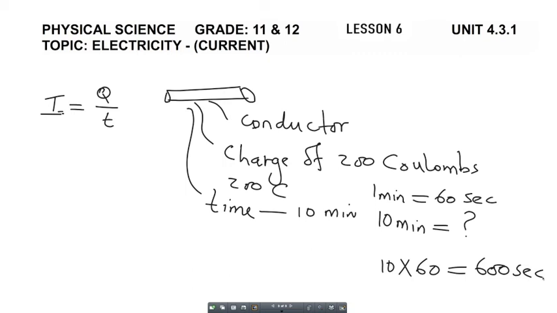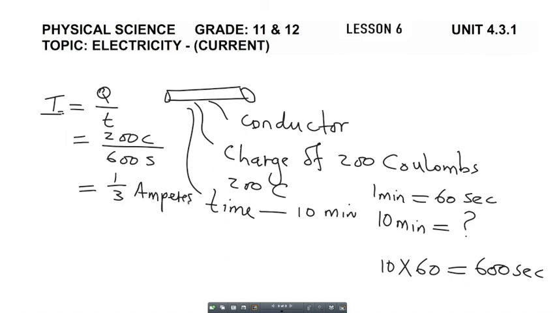So this 600 seconds is the time which is going to be required to be substituted into the T in the main formula of I equals Q divided by T. So therefore, if I substitute 200 coulombs, which is provided to be the charge, over 600 seconds, this will give us 1/3 amperes.